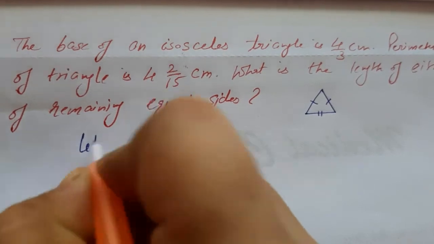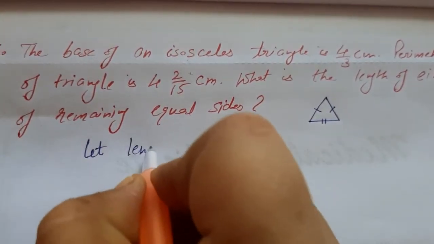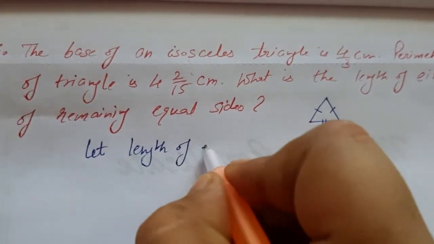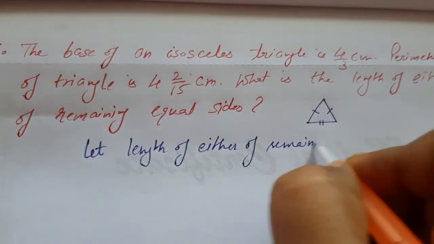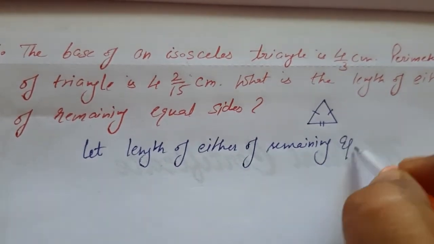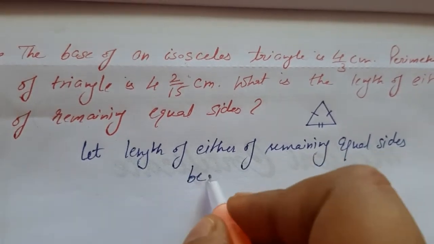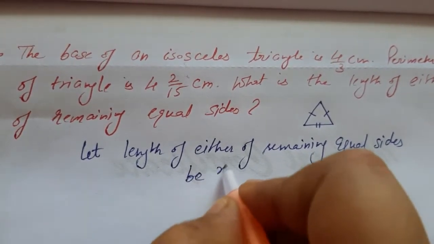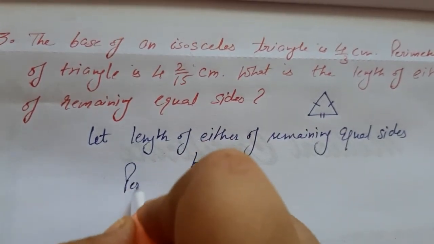So first of all, we will suppose the length of either of the remaining equal sides be, let us take it to be x here. So what will be the perimeter of the triangle?